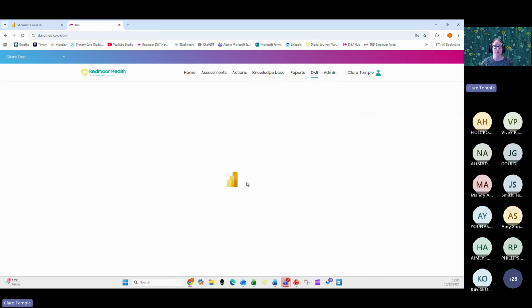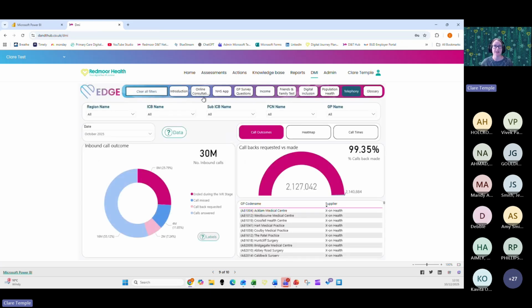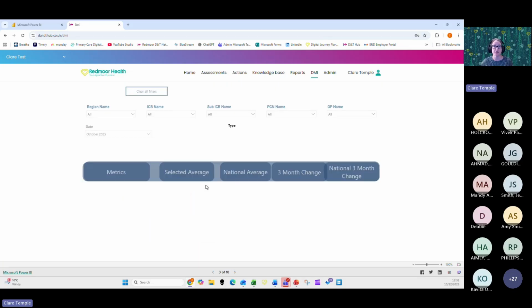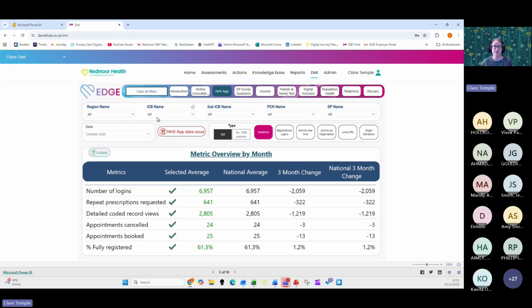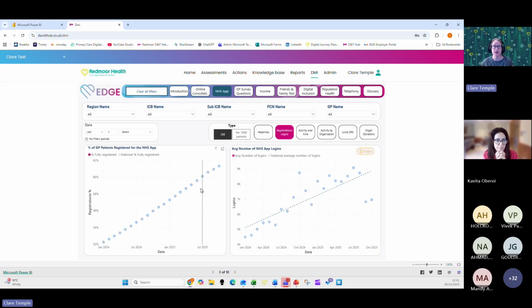And it also includes our Edge dashboard, which has many different things that are freely available for the NHS, such as online consultations, NHS app, and we've just added telephony because that came out at the end of November. So you can have a look through there and see where you sit. You can filter that by region, ICB, sub-ICB, PCN, or GP name. So you can have a look there just to see how you're getting on with them things.